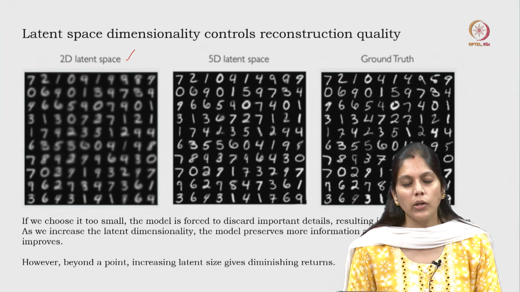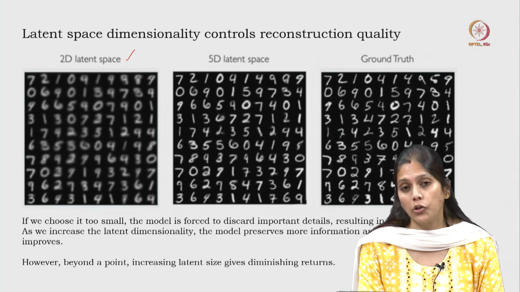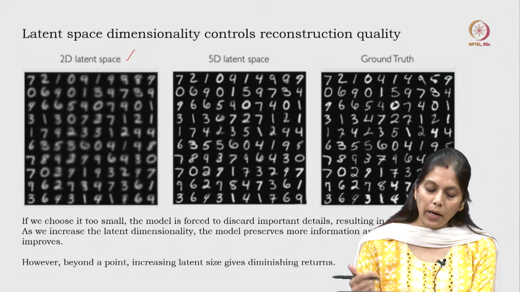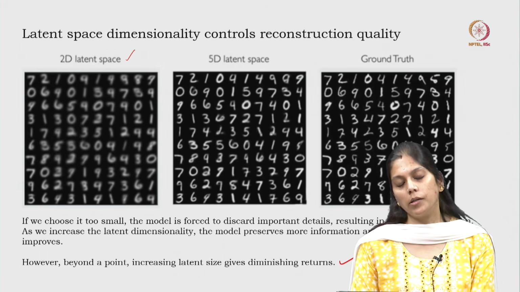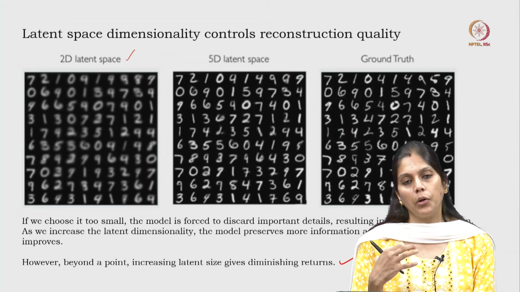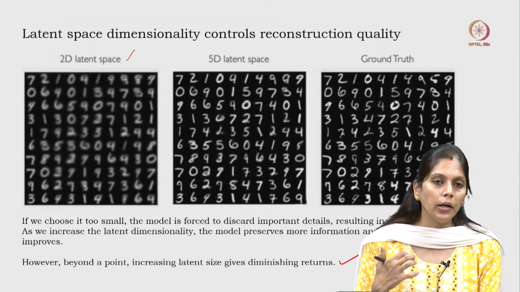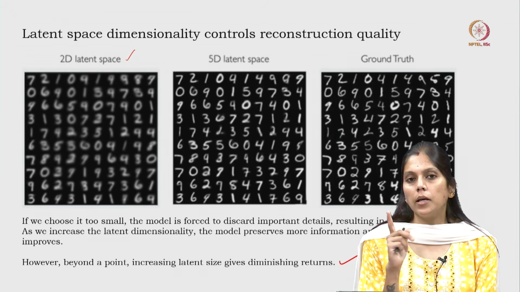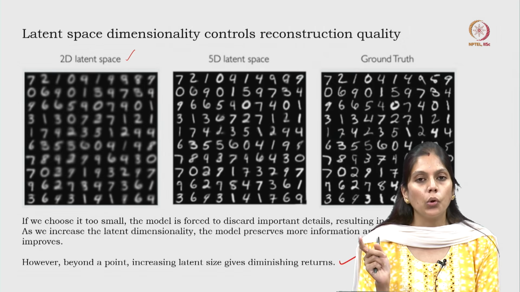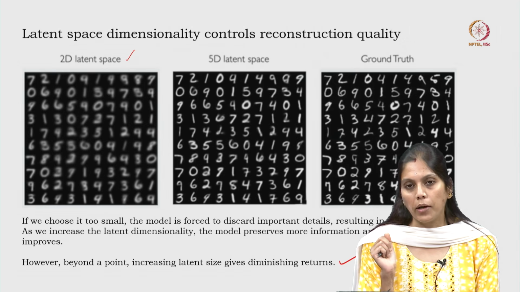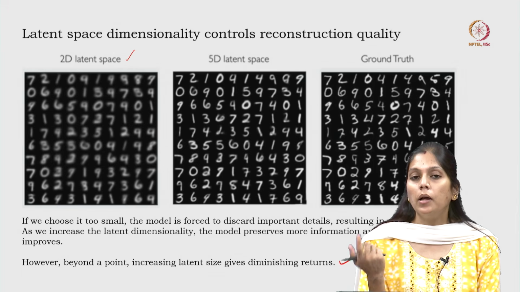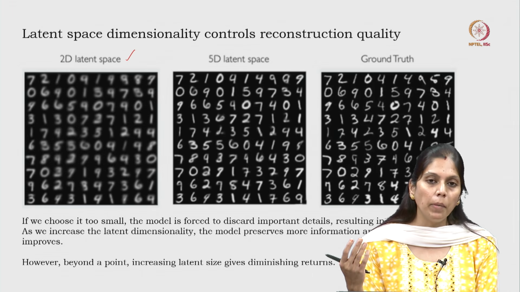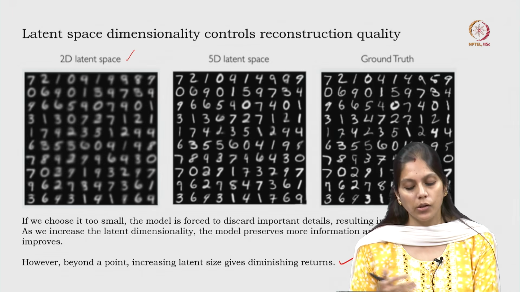But just because we get a very good reconstruction by having a larger dimension, if you increase it beyond a certain limit, you will start getting diminishing results, getting lower quality images. Therefore, this is a hyperparameter, and the latent space dimensionality will control the reconstruction quality. Smaller is poor, larger is good, but just because larger is good, if you go for higher and higher numbers, then the quality of the image starts deteriorating.